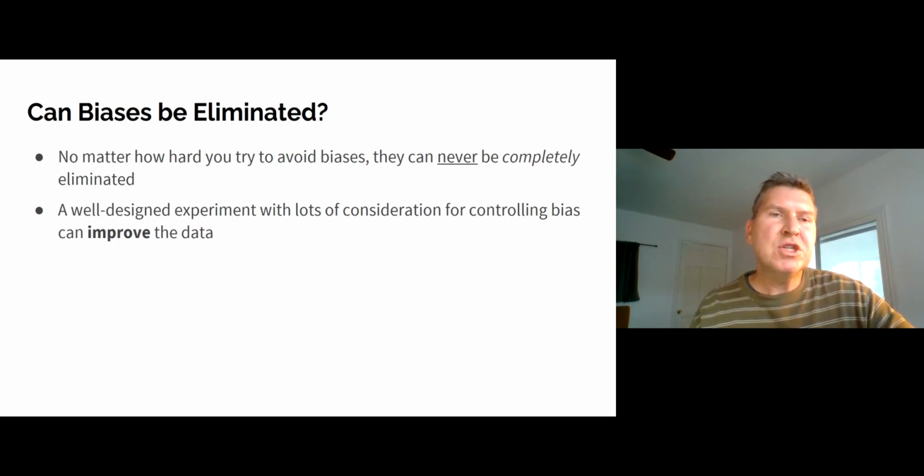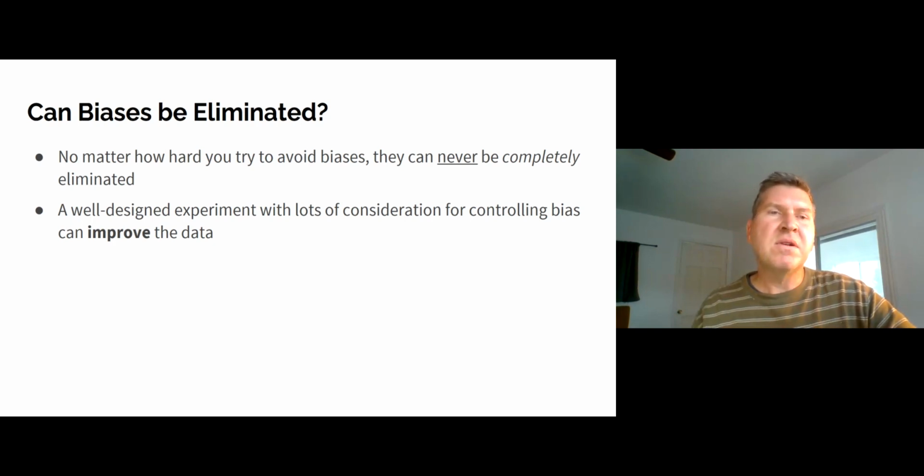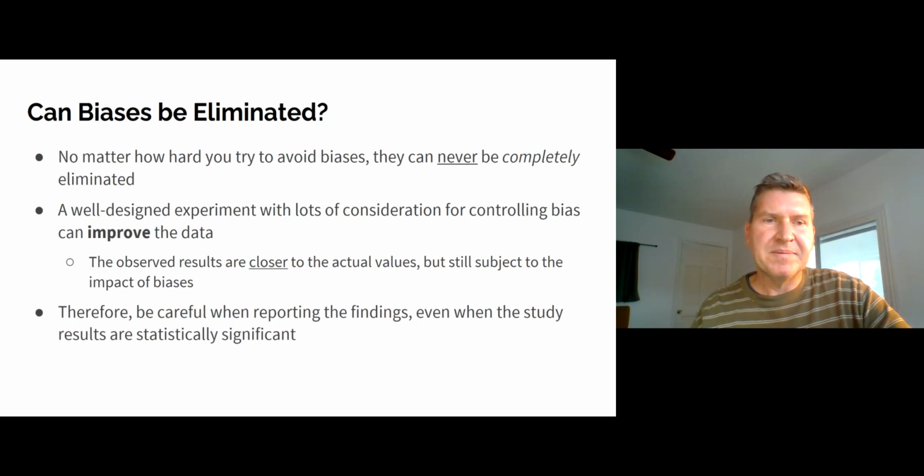However, if you show that you've made an attempt to control for the major ones, and the major ones are the ones we talked about here, then it goes a long way to show that you've got a well-designed study and the study is controlling for bias the best way that you know how to do. So the observed results are going to be closer to the actual values, but those biases just never completely disappear.